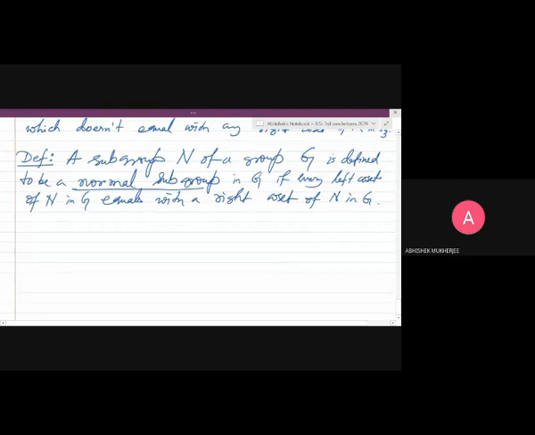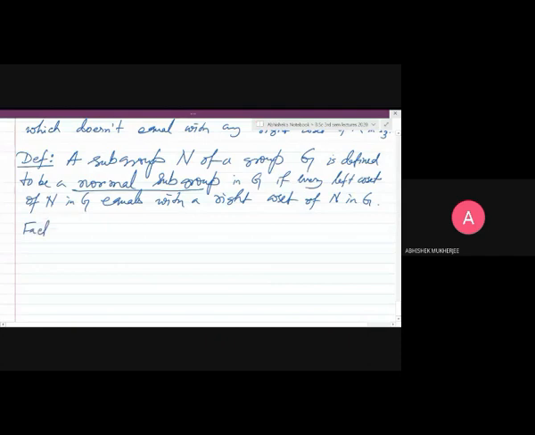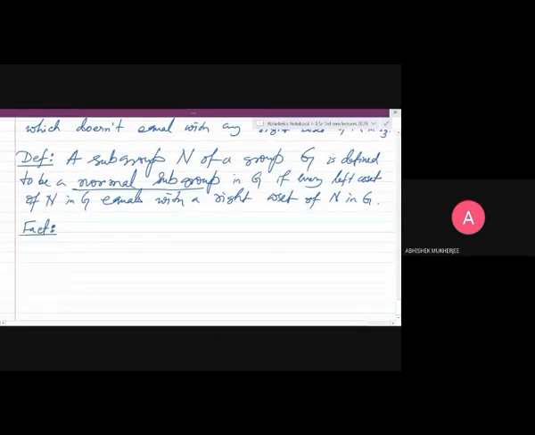Now, note that in the definition we have written that every left coset equals a right coset. Okay, every left coset equals a right coset.